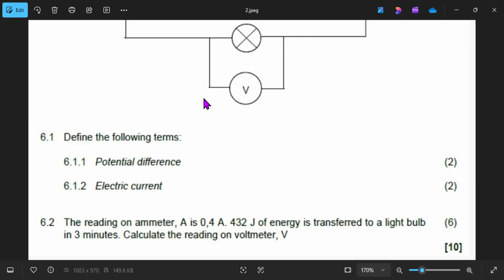But now, how do we find the Q? Well, Q is the amount of charge, and we get it from the definition of current. Current is the rate of flow of charge, which means it's Q divided by change in T. And they gave us the amount of current. They also gave us the time.